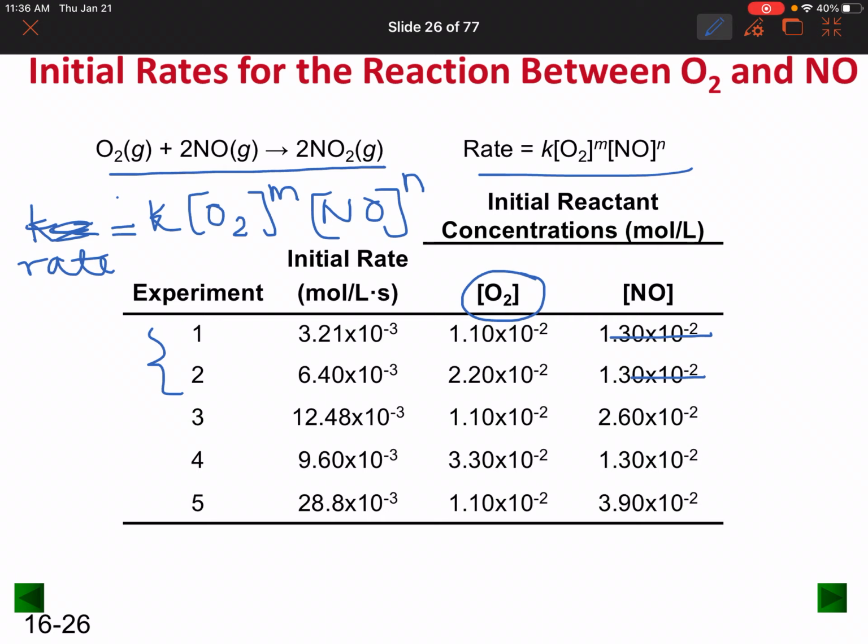We want the concentration of nitrogen monoxide to change but oxygen kept constant. So we can use 1 and 3, right? In 1 and 3, we keep the oxygen concentration constant, but the nitrogen monoxide concentration doubles. So by using 1 and 3, we can find the order with respect to nitrogen monoxide. Now you've got the idea of how we can find orders.